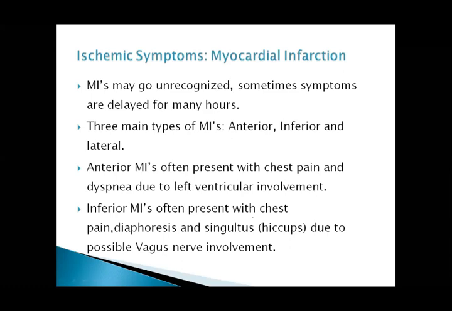Because the anterior MI involves the left ventricular side, it causes shortness of breath with chest pain. But inferior wall MIs often present with chest pain, diaphoresis, and hiccups, due to possible vagus nerve involvement.